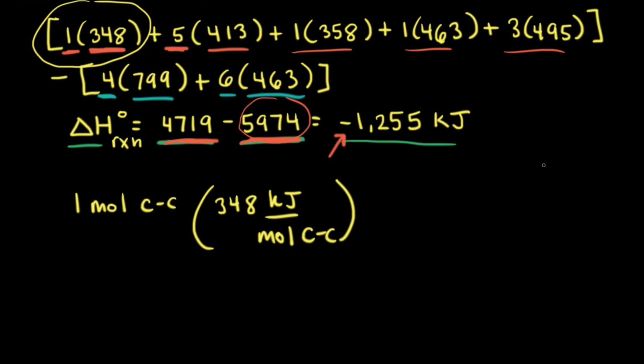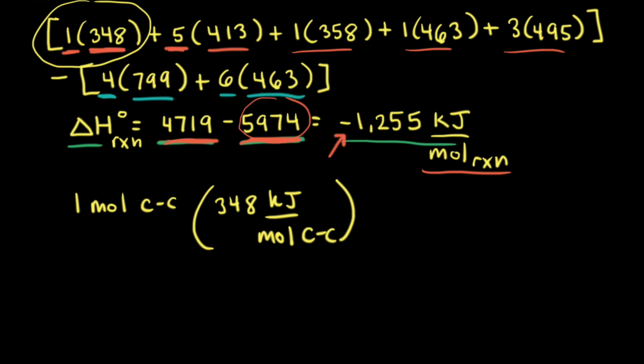You also might see kilojoules per mole of reaction as the units for this. And kilojoules per mole of reaction means how the reaction is written. So for the combustion of 1 mole of ethanol, 1,255 kilojoules of energy are released. To get kilojoules per mole of reaction as our units, the balanced equation had a 1 as the coefficient in front of ethanol.